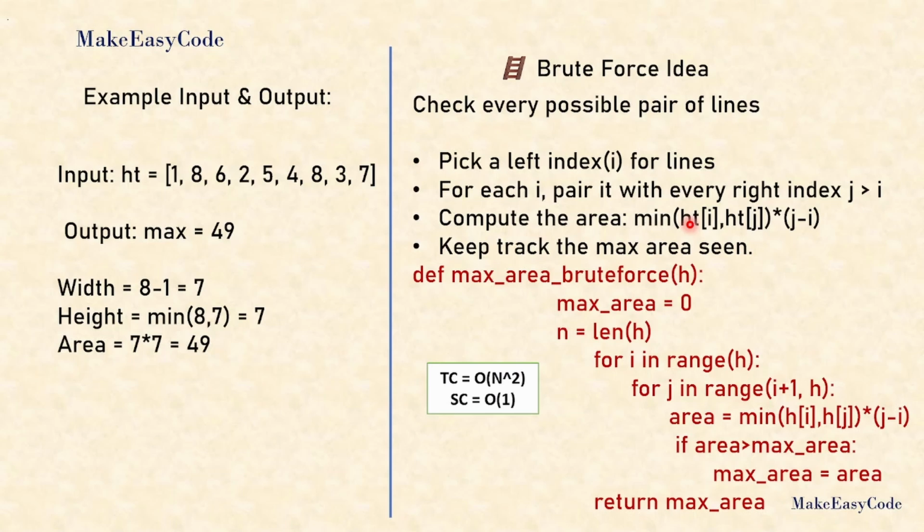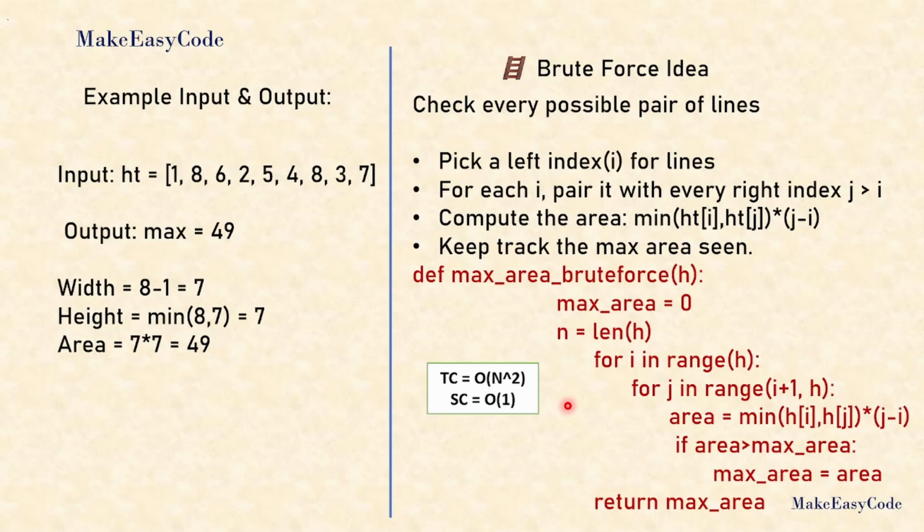After that we keep track of the max area seen. So the time complexity will be big O of n square, because we have to test all pairs, and space complexity will be big O of 1, as there is no extra space. This brute force idea is simple and correct, yes, but slow for large input.